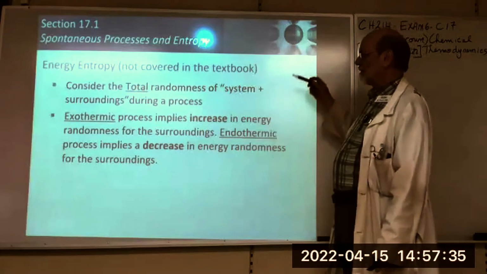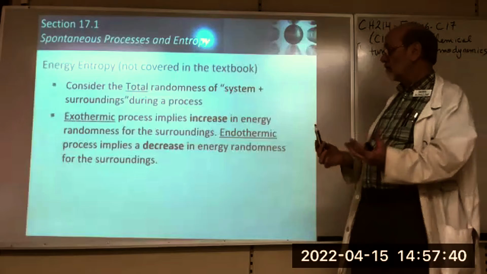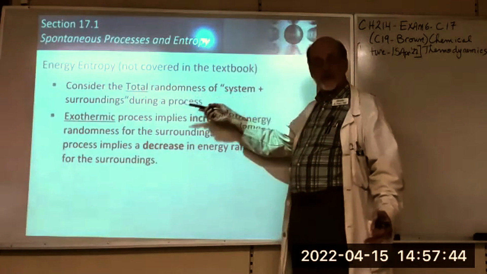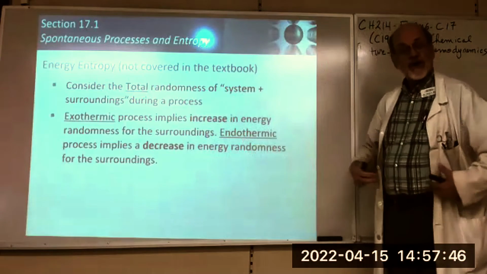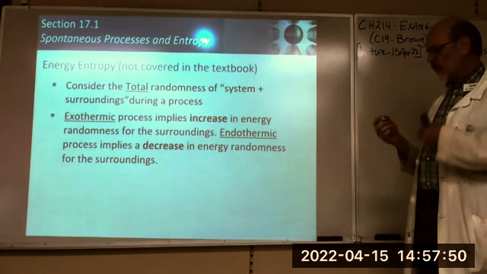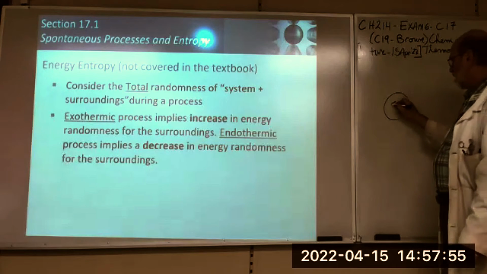We can look at a system and its surroundings as a whole. What is the total randomness of the system and the surroundings during a process? Let's do a little review here.